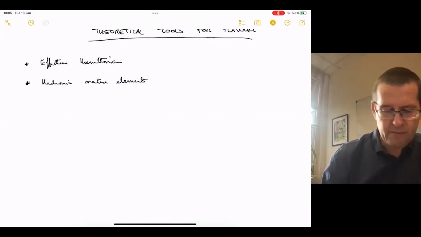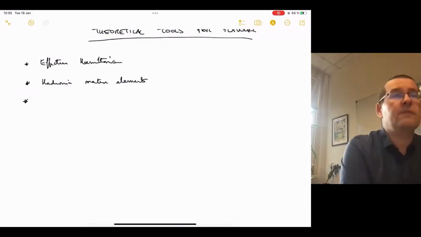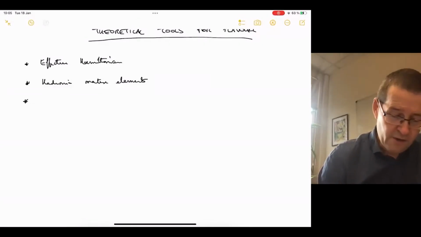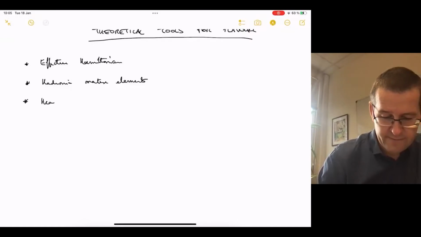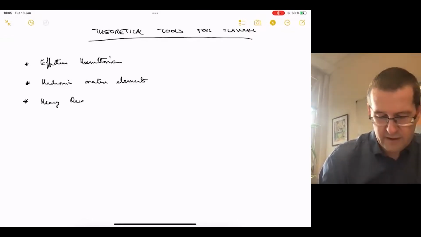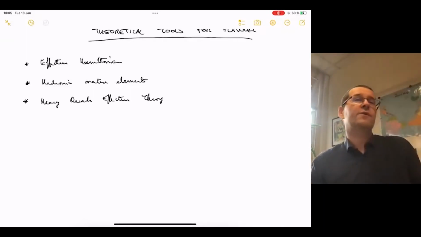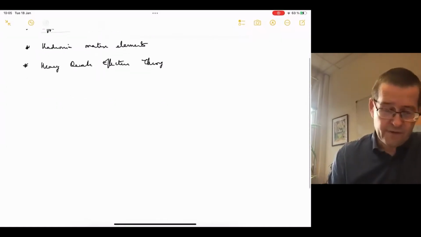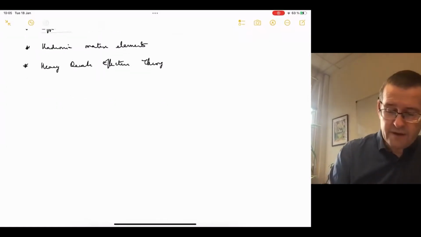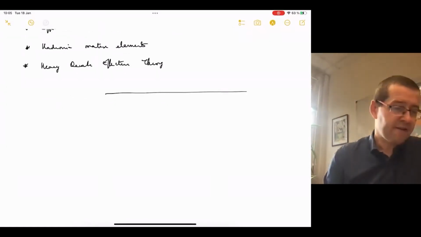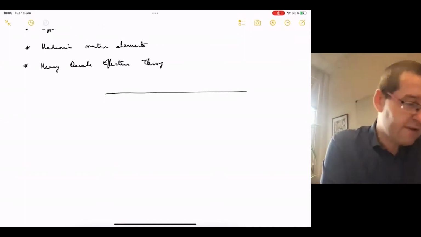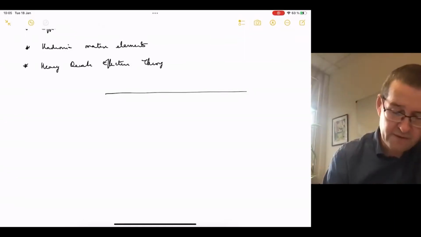And if time allows, a junction between the two, which is the use of heavy quark effective theory. Those are tools that are going to be very useful for us in the following. So I'm going to start with the general concepts and ideas concerning the effective Hamiltonian.